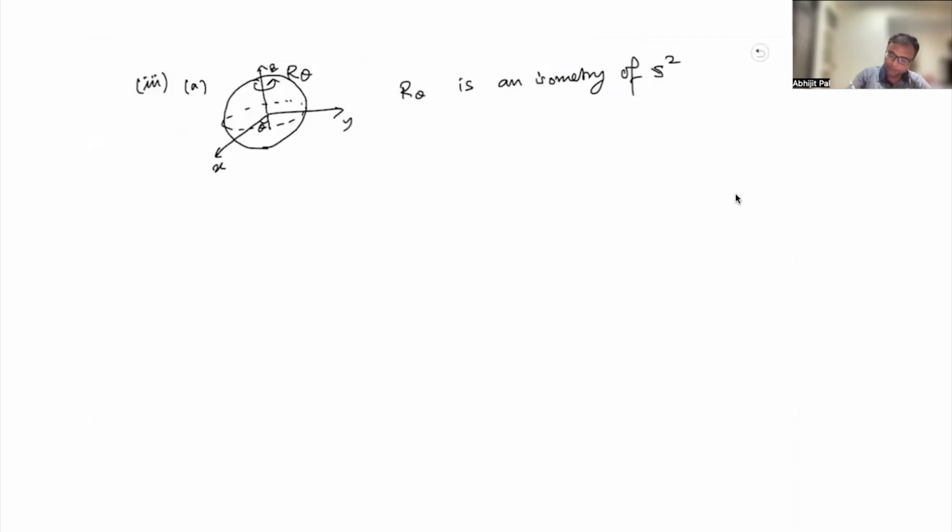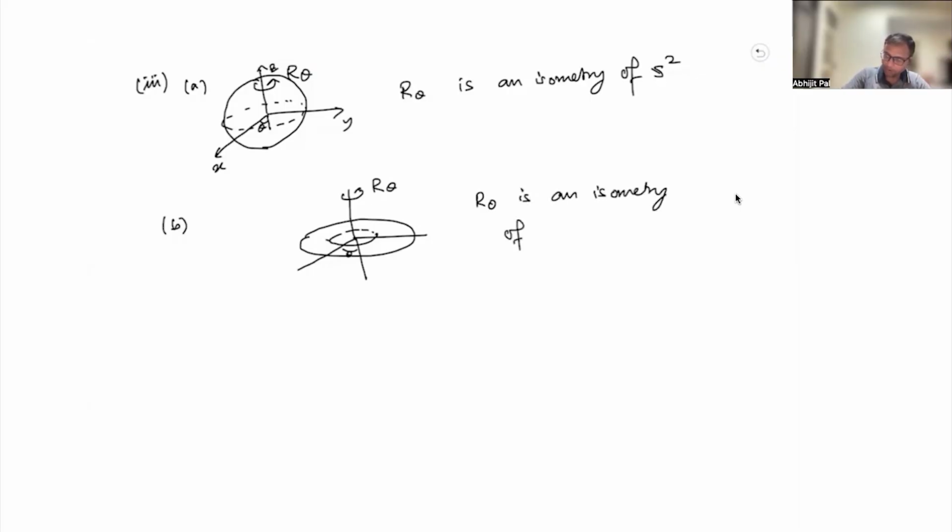Similarly, if I take the torus and rotate by an angle theta, R theta is an isometry of the torus.